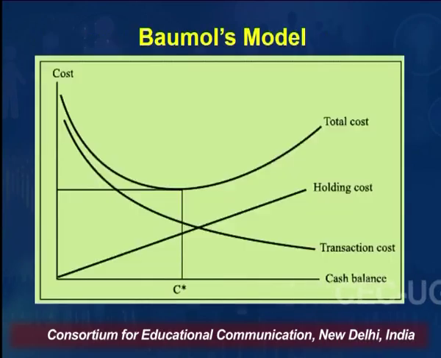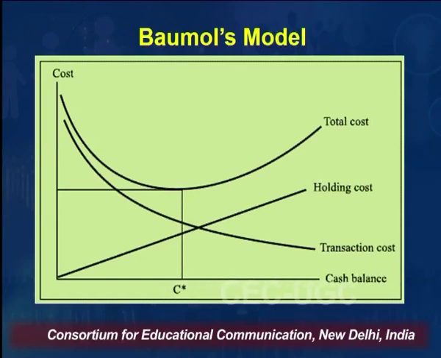The Baumol model can be explained with the help of this diagram, wherein on the x-axis we have cash balance, on the y-axis we have cost. We have holding cost, which increases as the cash balance in our account increases. Then we have transaction cost, which reduces when we are able to increase the cash balance in our account.